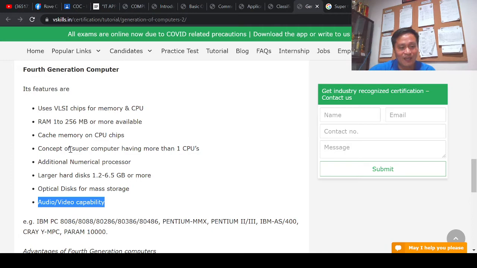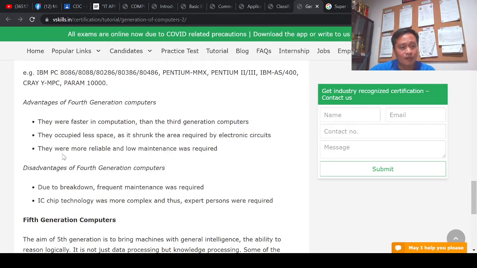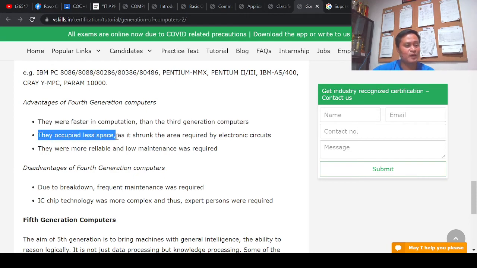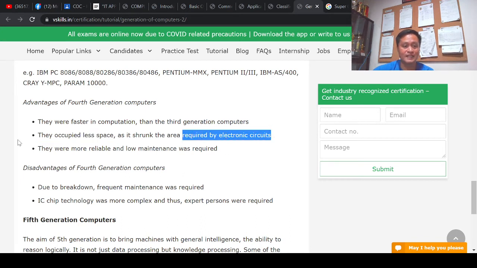And here, there are three advantages of fourth generation computers. They were faster in computing than the third generation. They occupied less space, same as the third, as it shrunk the area required for electronic circuits because it uses IC.